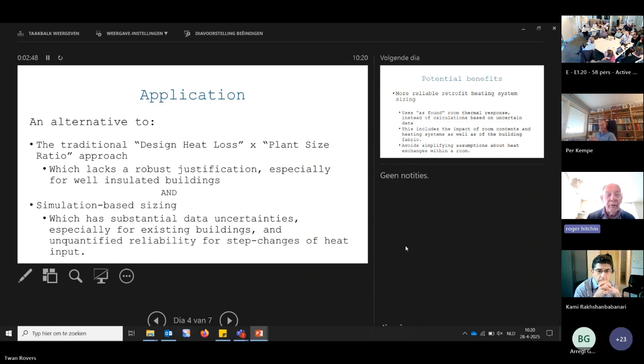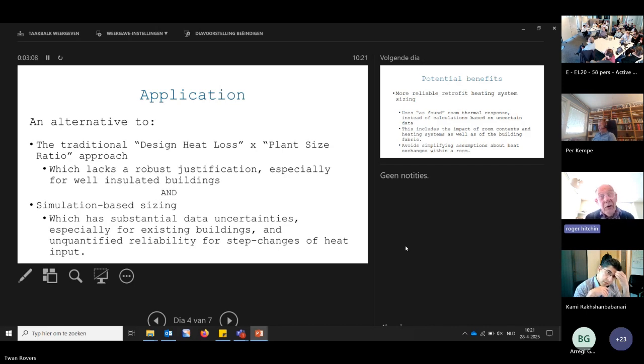The other approach is to use simulation, which brings us back into the issue of how good is your data? What do you know what you've got to start with? Even the most complex simulation tools make a lot of simplifications, like the air temperature is uniform. Usually they ignore the contents of a room.